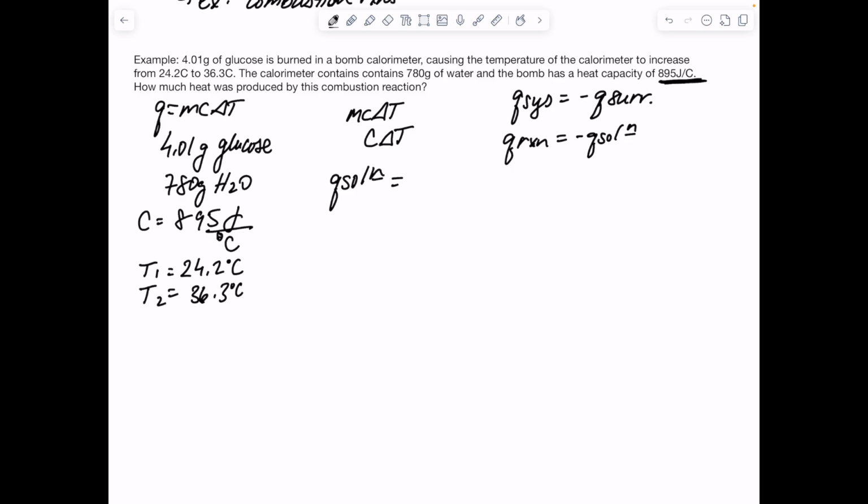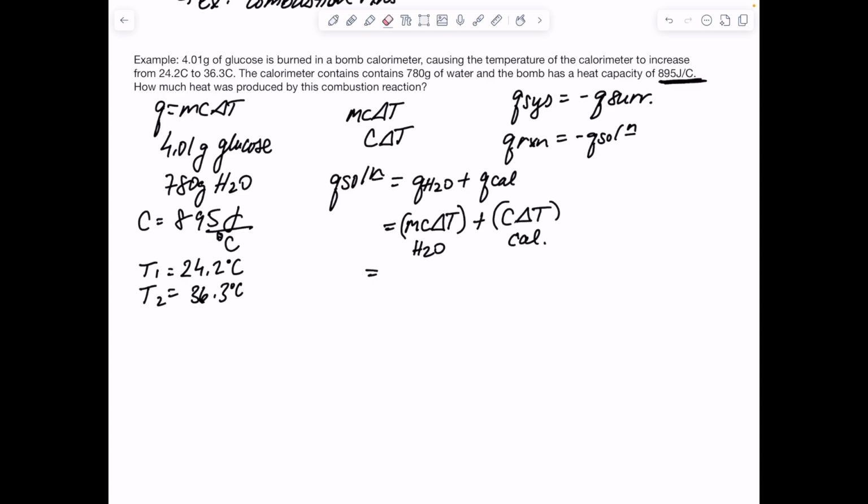And so Q solution in this case is the bomb and the water. So it's going to be Q H2O plus Q of the bomb calorimeter. That would mean it is going to be MC delta T of the water and C delta T of the calorimeter. So that is Q solution here.